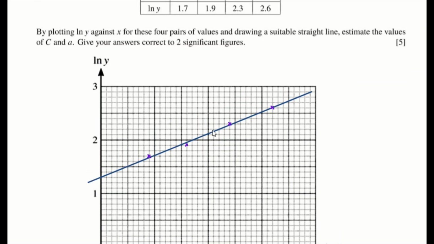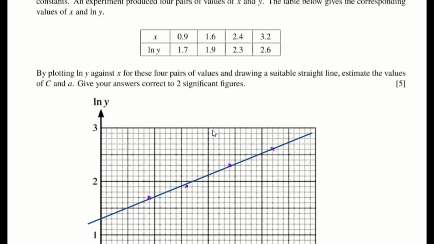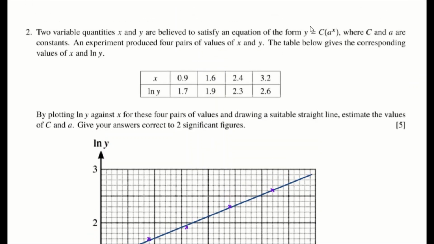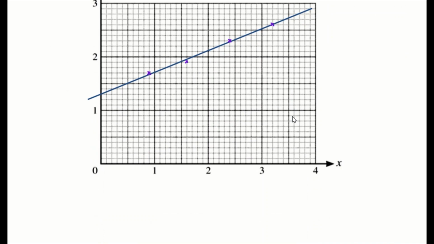Okay, so the question wants us to estimate the values of c and a. So obviously you need to find the gradient and the intercept. The first thing that we can do is change the exponential graph to a linear graph first. So y is equal to c a to the power of x.